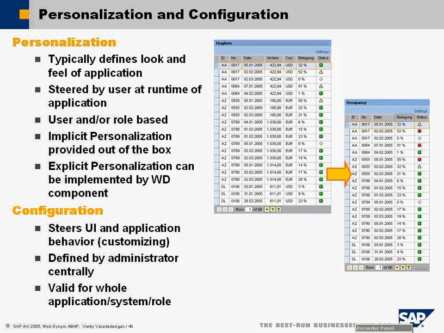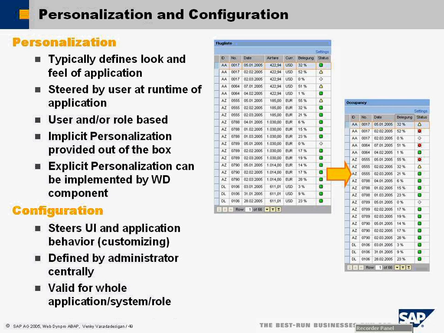So the last and final topic, which is personalization and configuration, we have already seen a little bit of it. The personalization comes out of the box. You don't have to do any extra programming, but that's called implicit personalization. There is also something called explicit personalization, which can be implemented by the respective component. Okay, the look and feel, you saw in the ALV, right?